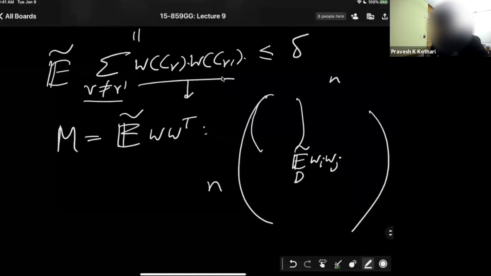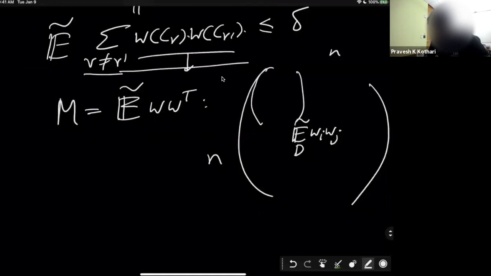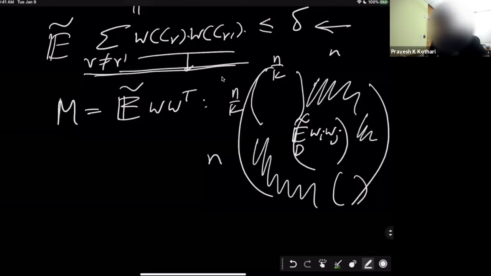Then this quantity is basically the sum of all the entries in the off diagonal blocks. Look at it as a k by k block matrix with the true clusters as the blocks, each block being n over k by n over k. Then what this statement says is that the sum of the off diagonal blocks is at most delta.